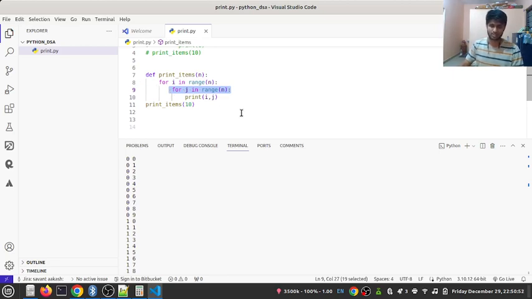I will repeat once again. Whenever you are adding two numbers, it will have a constant factor, so it is a complexity of big O of 1.